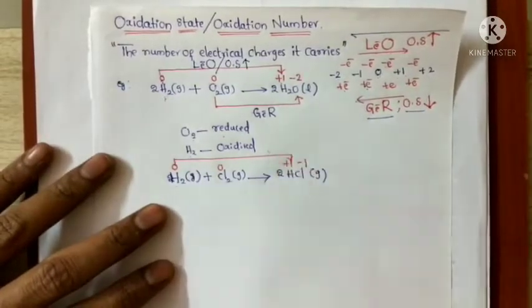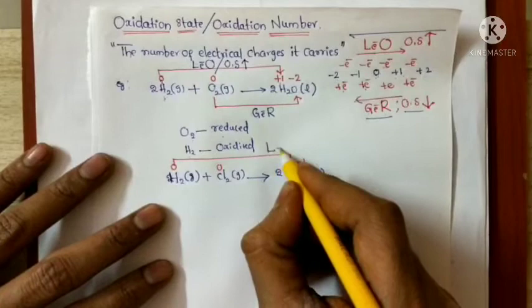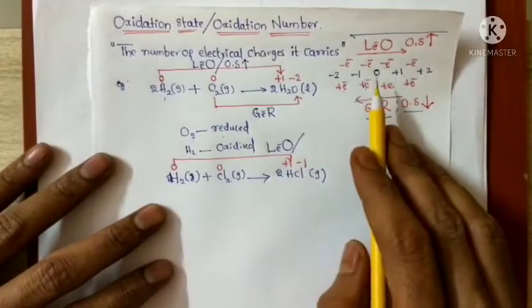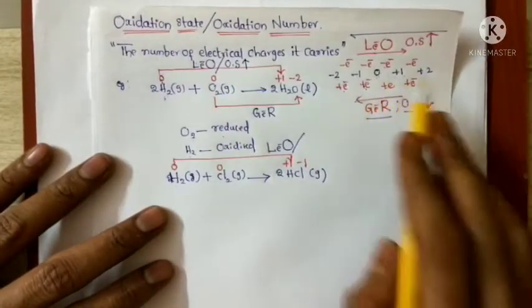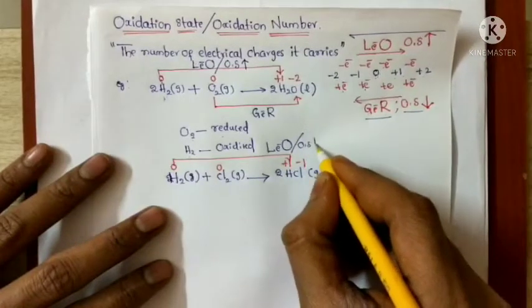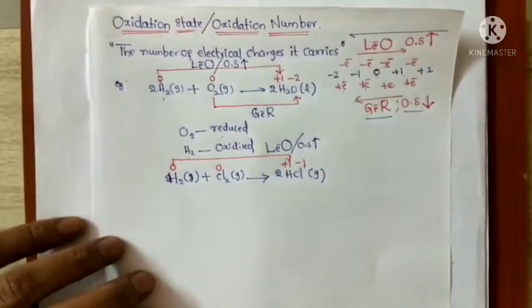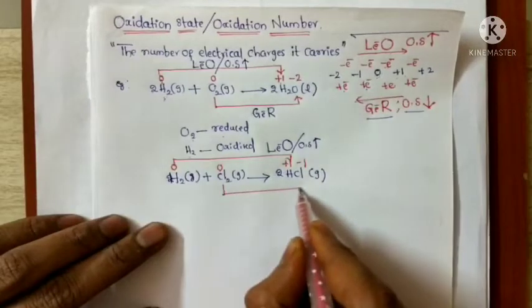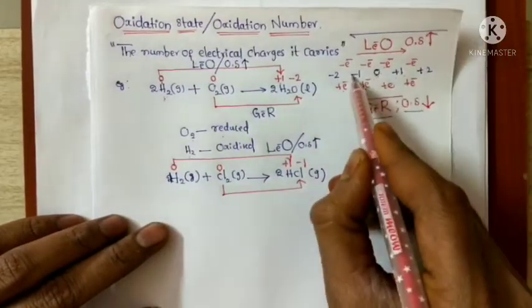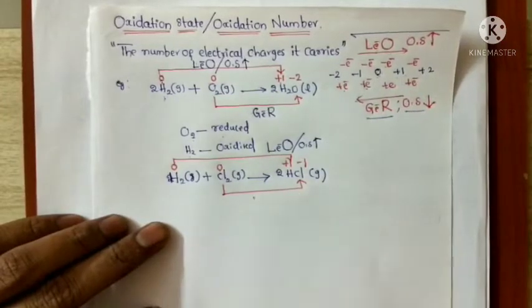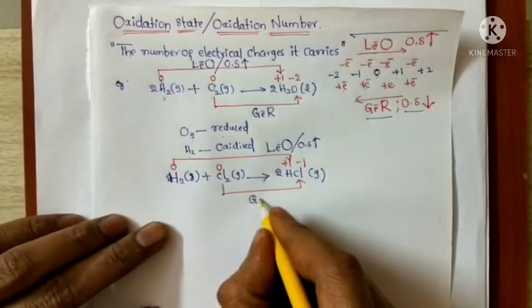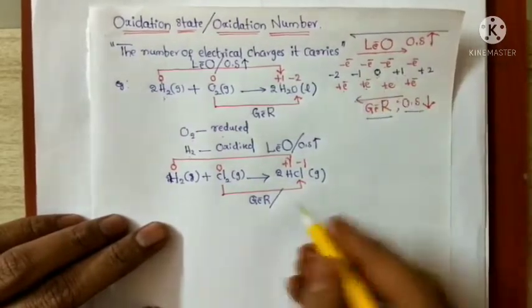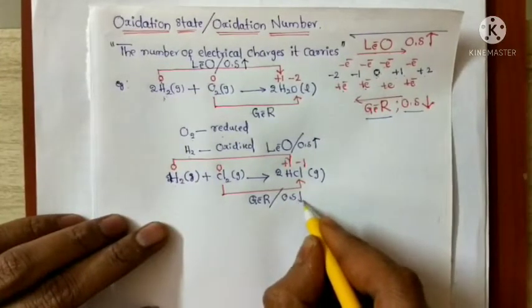We know that loss of electron is called oxidation. According to oxidation state, 0 to +1 means increasing, so the oxidation state is increasing, which is also called the oxidation process. Next, chlorine goes 0 to -1. 0 to -1 means gaining of electron. Gaining of electron is reduction, or oxidation state 0 to -1 means decreasing, which is called reduction.